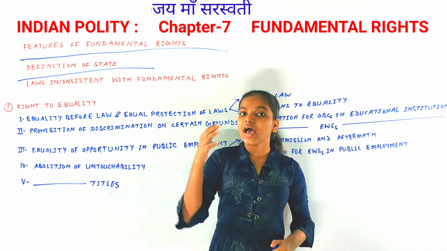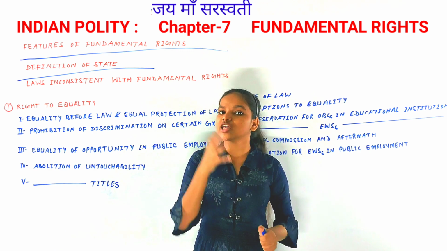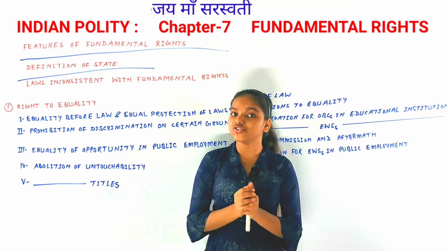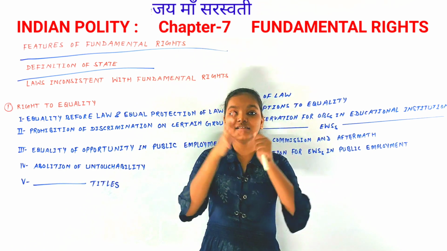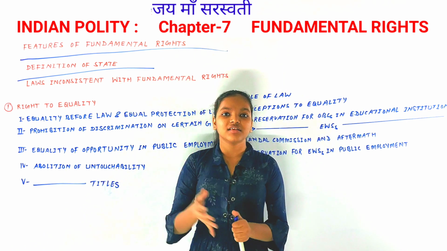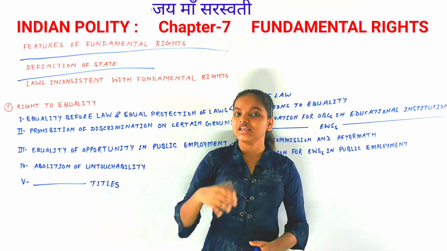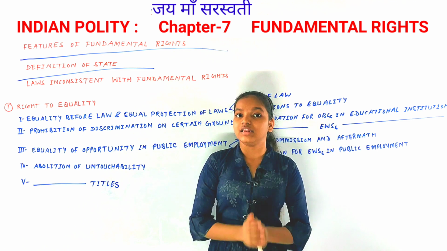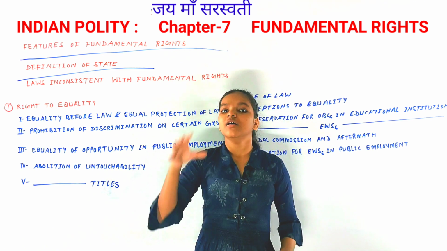And other authorities, other bodies, other companies that are statutory or can be non-statutory also come under state. So all these companies, municipalities, legislature, executive come under state, and there can be action against them.